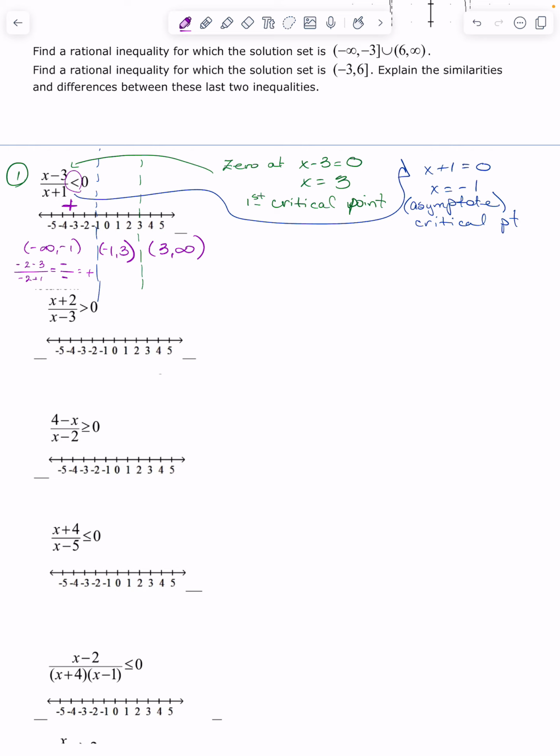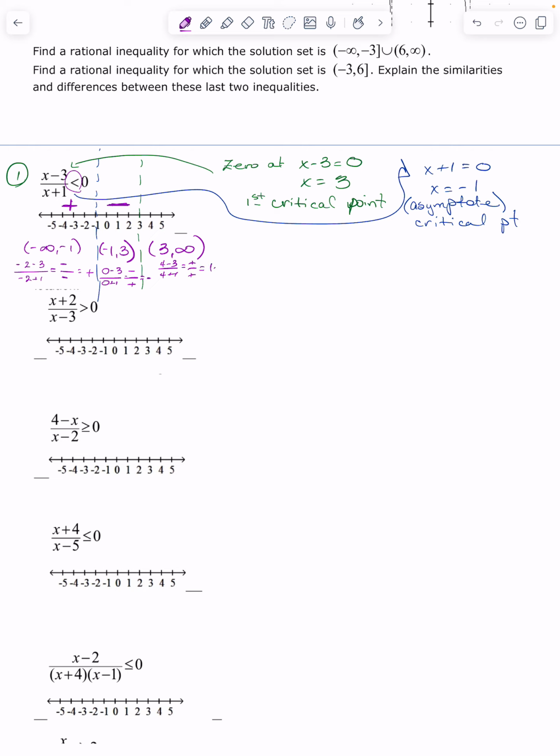Between −1 and 3, let's go ahead and plug in 0. I got (0 − 3)/(0 + 1), −3 over +1. That gives me a negative value. And then let's go ahead and use 4. I got (4 − 3)/(4 + 1).